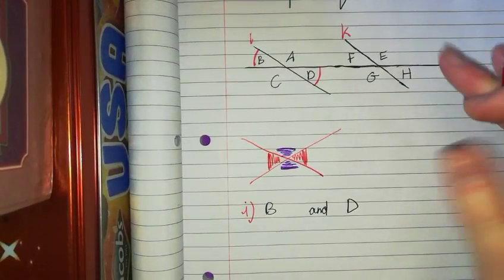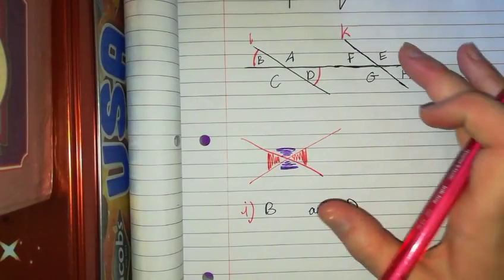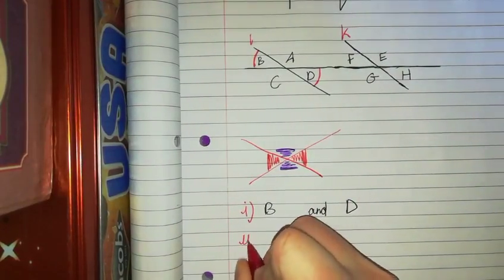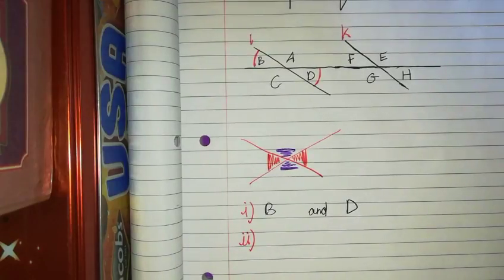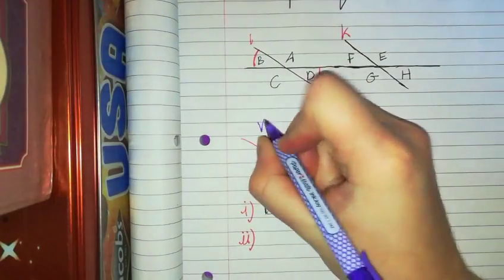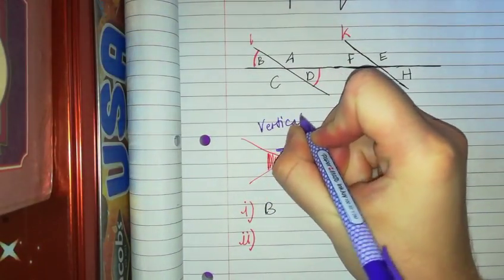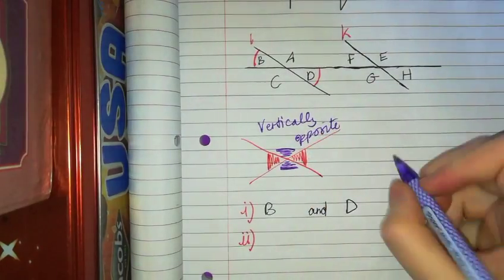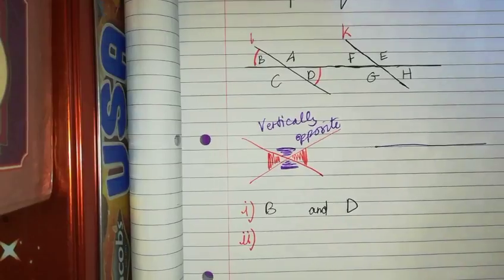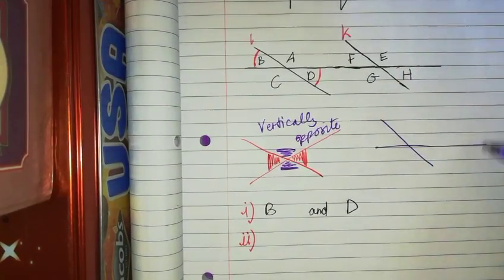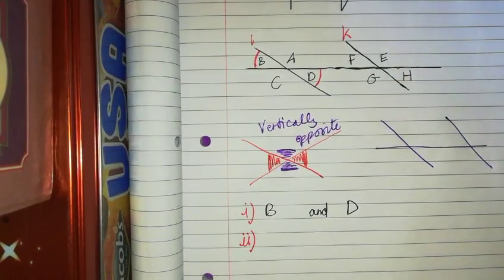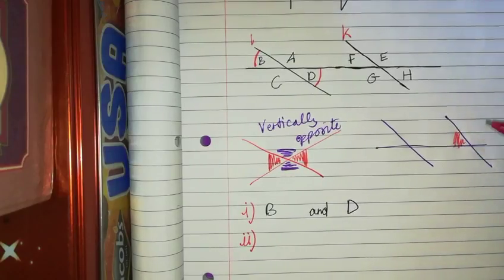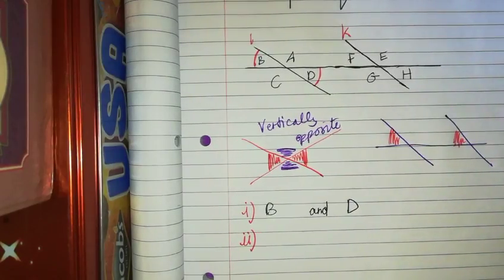But I could have picked a different pair. I could have picked F and H. I could have picked E and G. So then my next one, I have to write a pair of angles that are corresponding. Corresponding angles are, say, if we have a line and then we have two lines that are parallel, well then this is a corresponding angle to that.